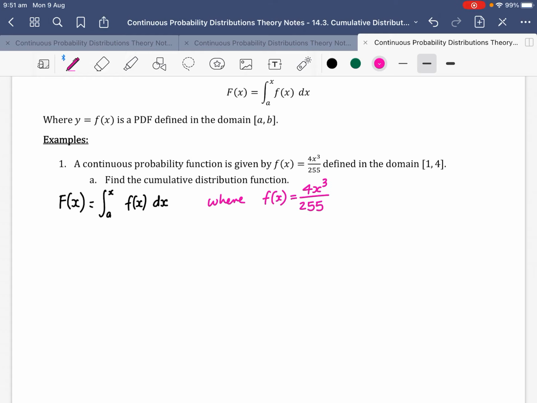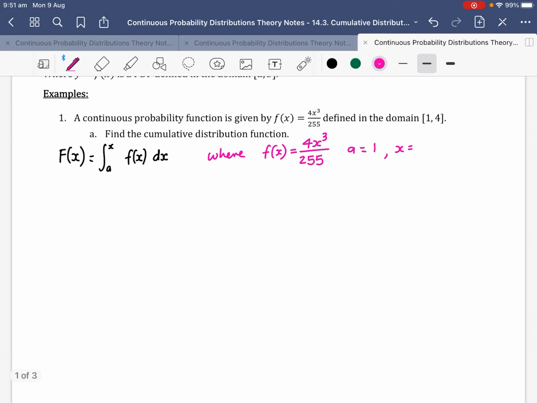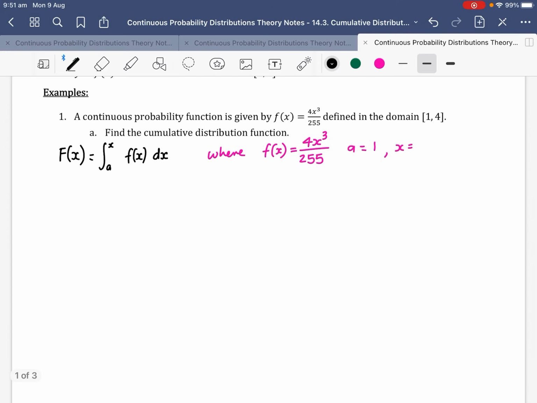Our a value is equal to the smallest number in the domain, which is 1. We're unsure of what our x value equals, so it just stays x for the time being. So this equals the integral from 1 to x of 4x cubed over 255 dx.